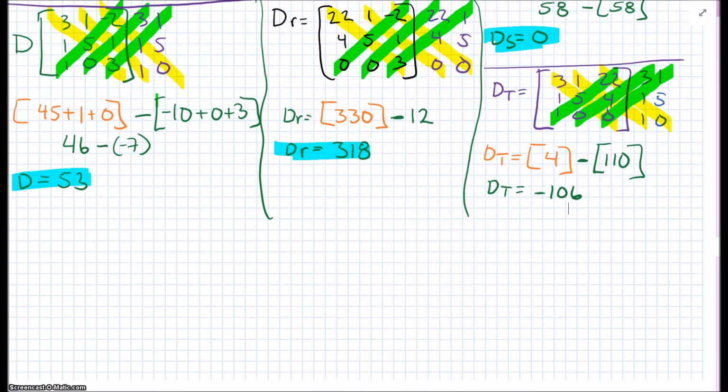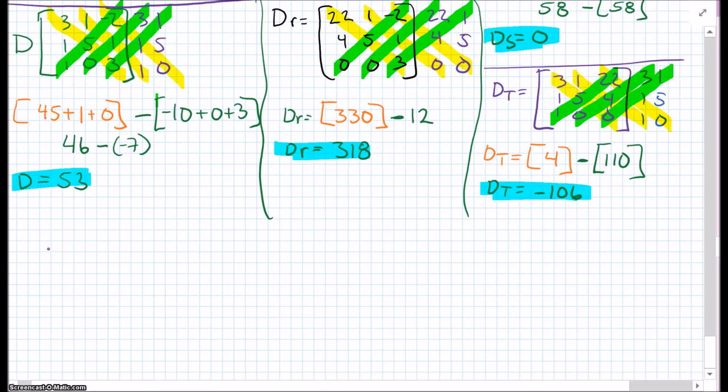Okay, so quickly, we're going to try to solve this. So we have everything we need. So r is nothing more than D sub r over D, which is 318 over 53, which happens to be 6.